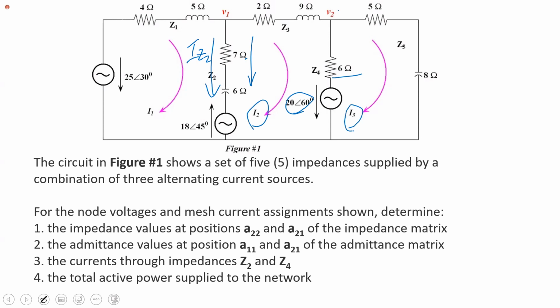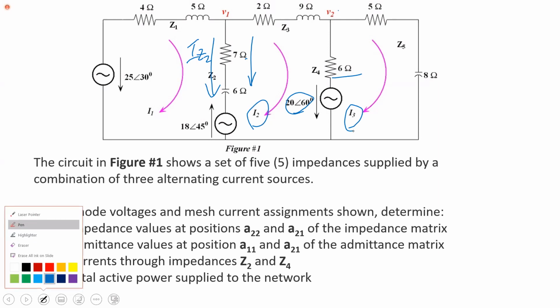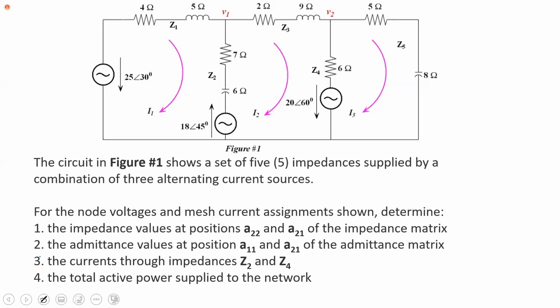For the total active power supplied to the network, since you had calculated the currents through these two impedances, it means that you also know the current for these sources, based on the direction of flow.